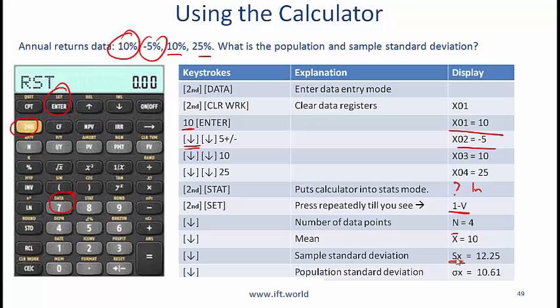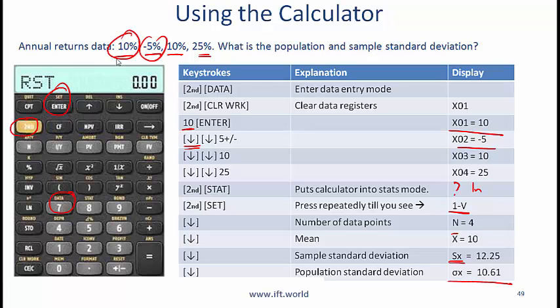The calculator obviously doesn't know whether this is a sample or a population. So it says that if these 4 data points are a sample, then the standard deviation is 12.26. And then you hit down arrow again, you will see this symbol. Notice this is the Greek symbol, so this is the population standard deviation.